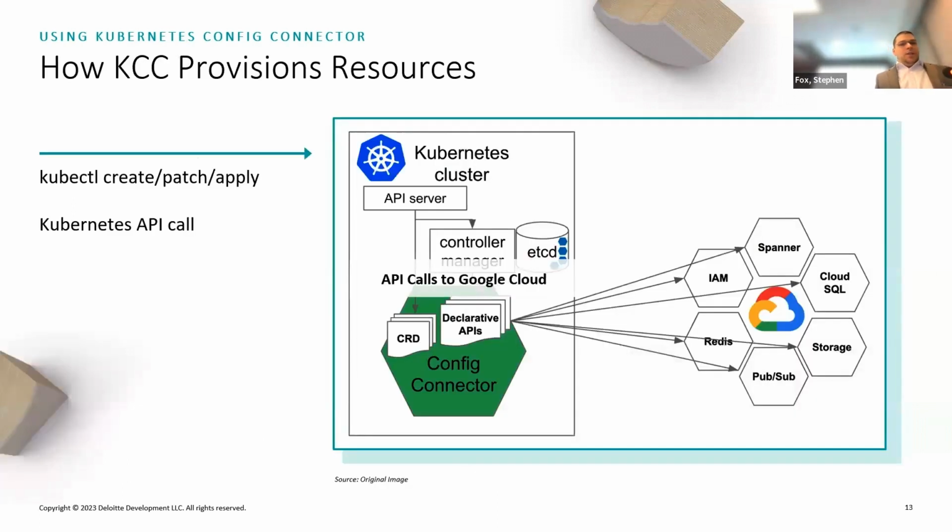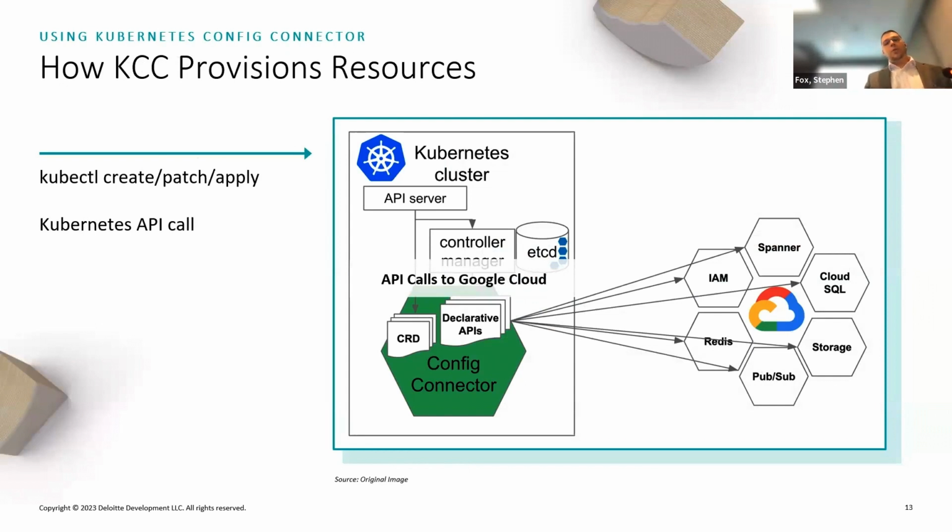The way that KCC works is essentially when you call kubectl create or patch or apply or delete, any kubectl operation on an object, you make a Kubernetes API call to the Kubernetes API server.